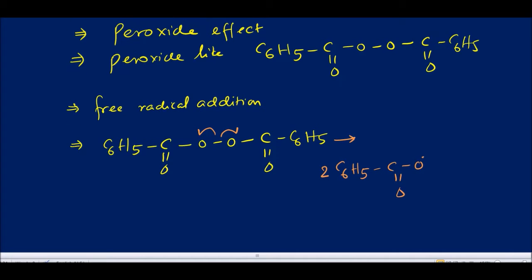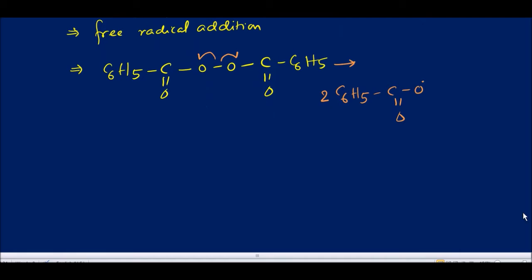From this free radical, in the next step, just see C6H5, C double bond O, O free radical. Again, here the homolytic fission takes place as follows.